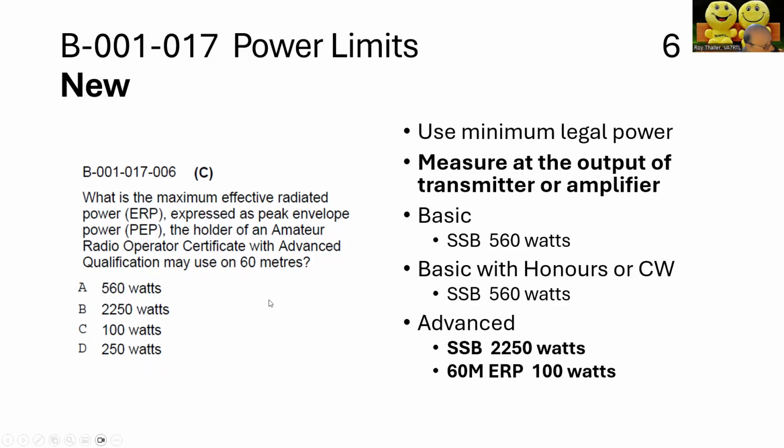Most of the channels are used for military purposes, except amateur radio is allowed to use 2 of the channels. And in this case, you have to look at effective radiated power, so what's actually coming out of the antenna. For this particular band at 60 meters, the limit is 100 watts. So this is a special case.